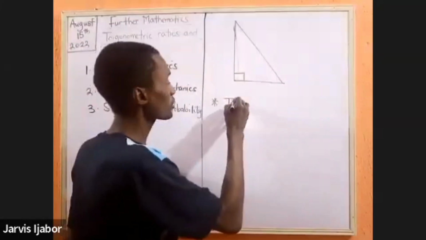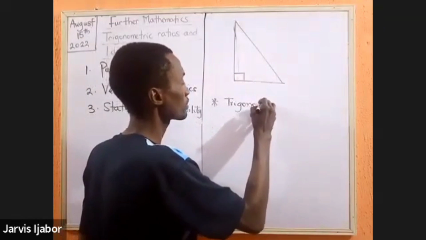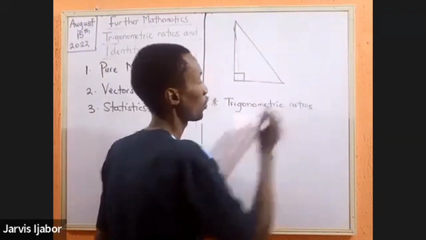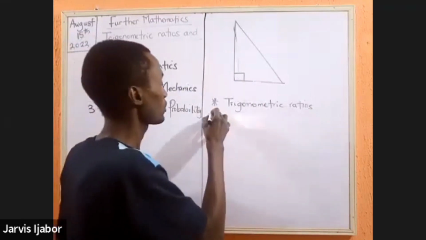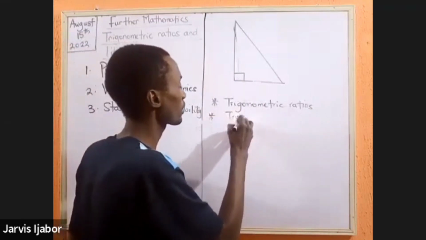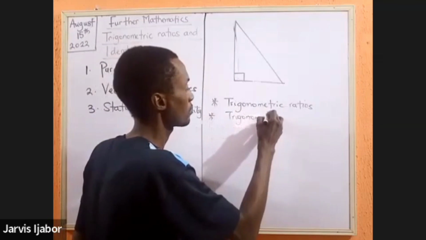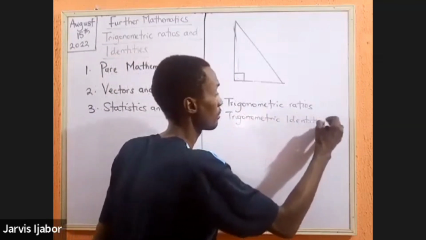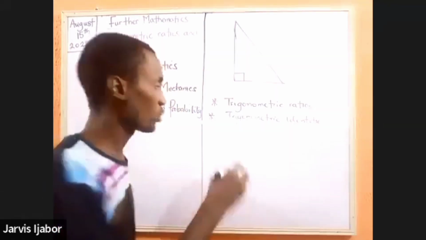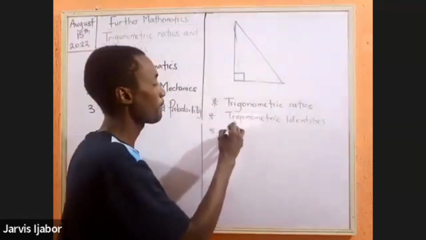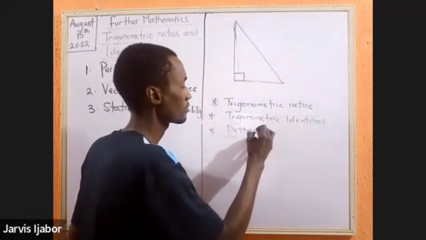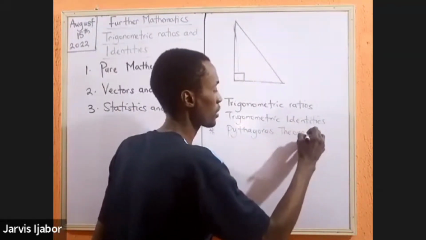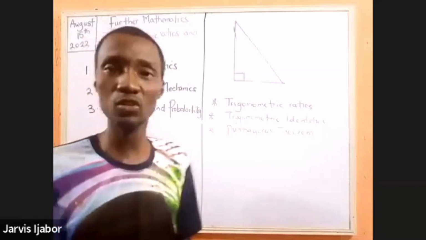We have the matter of what is called trigonometric ratios, which will give rise to what is called trigonometric identities. And also we have what is called your Pythagoras theorem. Some books will say Pythagoras theorem or Pythagoras rule.